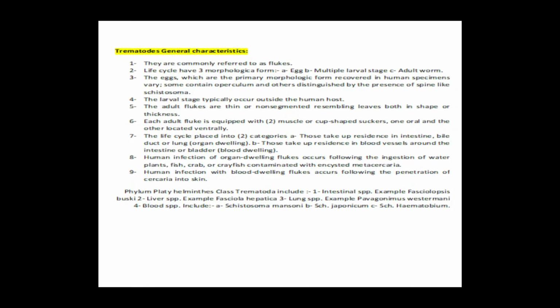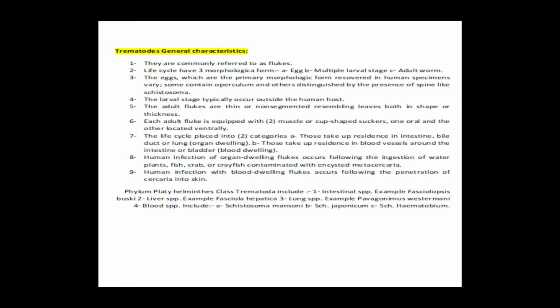Each adult fluke is equipped with two muscular or cup-shaped suckers, one oral, called the oral sucker, and the second located ventrally, called the ventral sucker or acetabulum. The life cycle is placed into two categories.